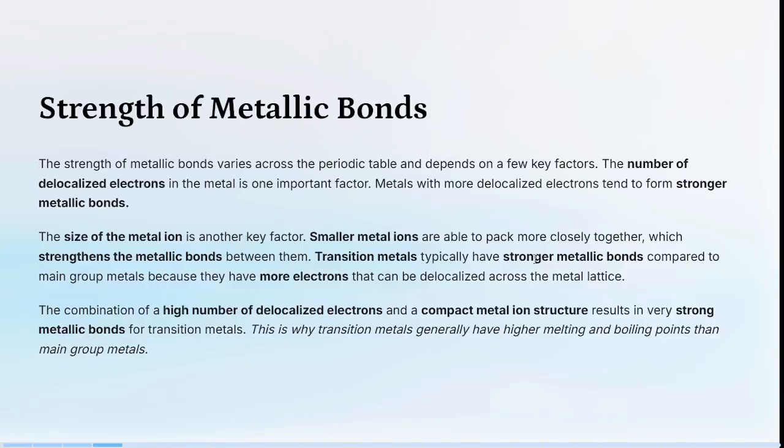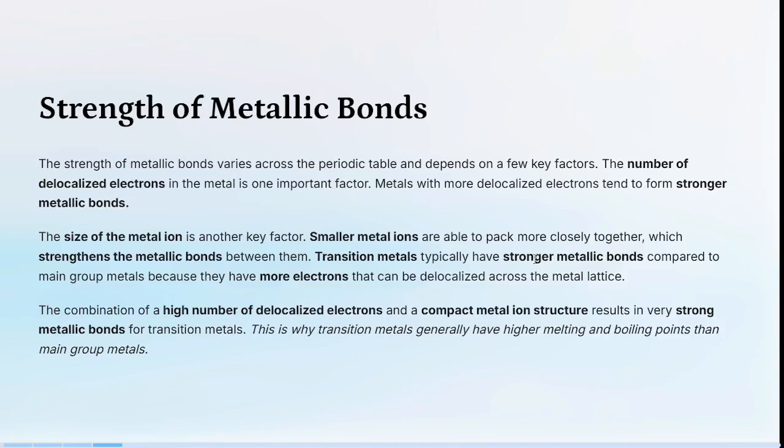Transition metals are known for having a larger number of electrons, so they tend to form stronger metallic bonds compared to s-orbital or s-group metals. A combination of a high number of delocalized electrons and a compact metal ion structure would lead to a stronger metallic bond.